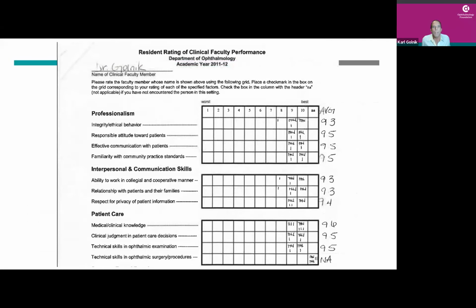Sure. So this is actually something that we did for many years. And what you're seeing here is the title, the Resident Rating of Clinical Faculty Performance. And all of these little hash marks are the anonymous surveys that were returned in the score. So you can see that this was my evaluation in 2011 and for professionalism.